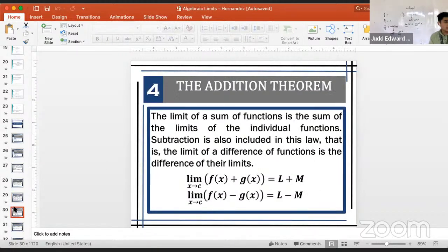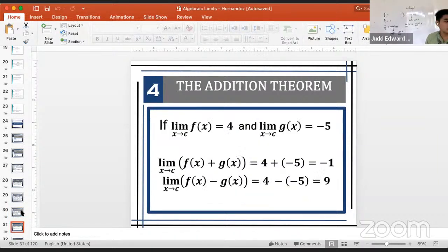Okay, next, the limit, the addition theorem. So sa addition theorem, magkasama na po yung addition and subtraction. It is just a simple equation wherein we add and subtract. Okay. So example natin. The limit of f of x is equal to 4.